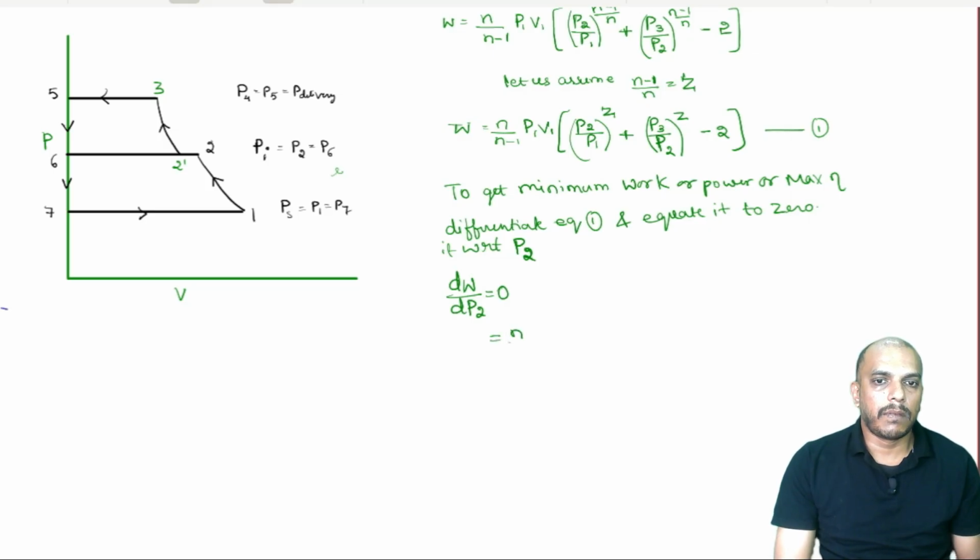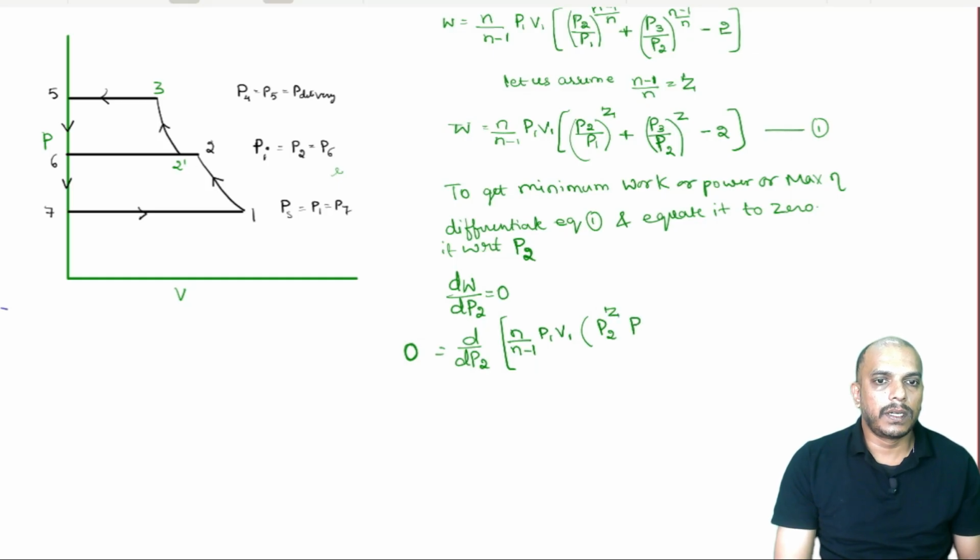So, n by n minus 1, P1 V1. Before differentiating, let me try to keep the expression simple. This must be equal to 0, that is what we are trying to do. I am just bringing this P2 power z to the numerator.